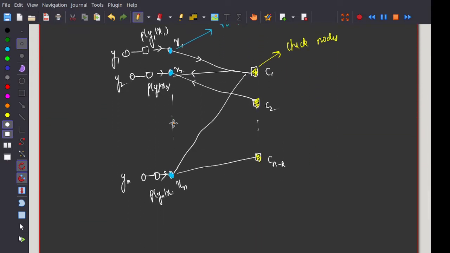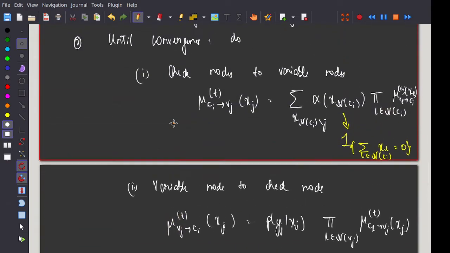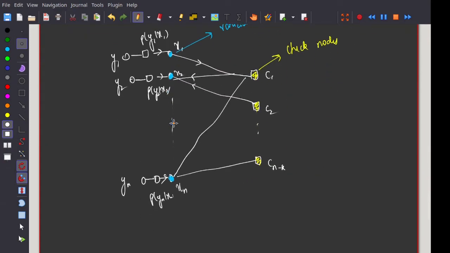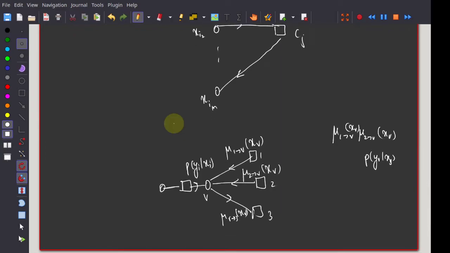Let us see how this algorithm would work in some special case. It turns out that, for example, if you take the BEC, then this algorithm can be simplified somewhat. So for the BEC, I'll provide a simplified algorithm.